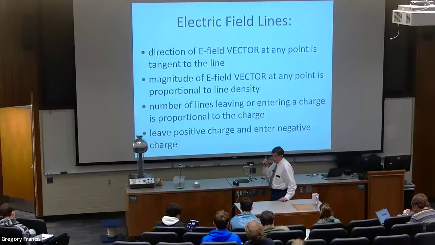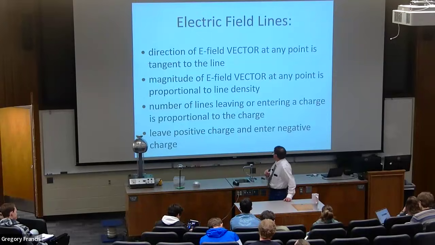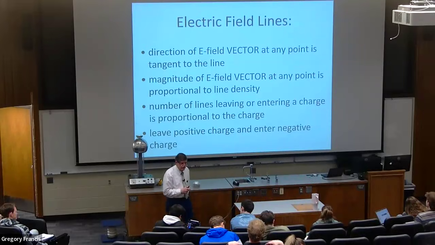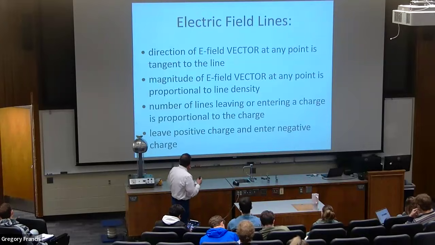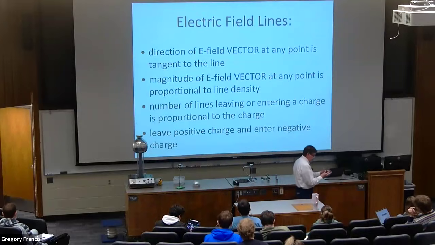That vector only gives you one value for the electric field: how big it is at the tail of the vector. That vector is going to be tangent to the field line that it's next to. The magnitude of that E field vector, the length of the vector, is going to be proportional to how close the field lines are to each other.